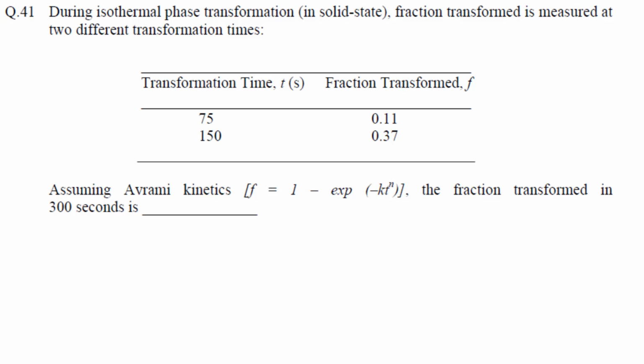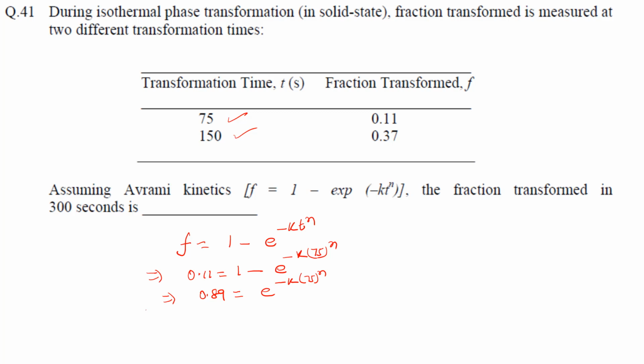So guys, f equal to 1 minus e to the power minus k t to the power n, right? Here 2 data are available, that is f, fraction transformed. In the first case 0.11 is equal to 1 minus e to the power minus k 75 to the power n. So this implies 0.89 is equal to e to the power minus k 75 to the power n, right?